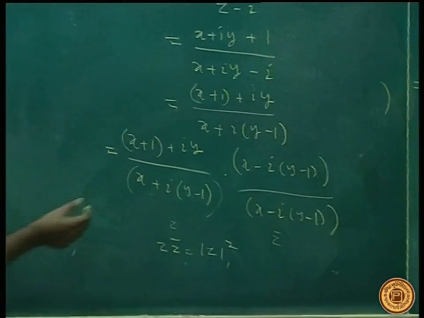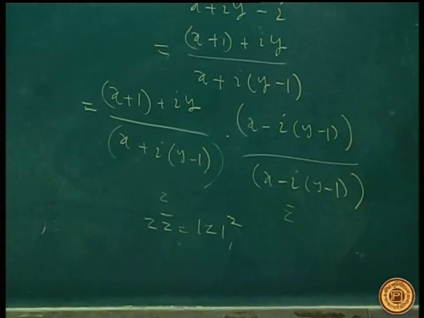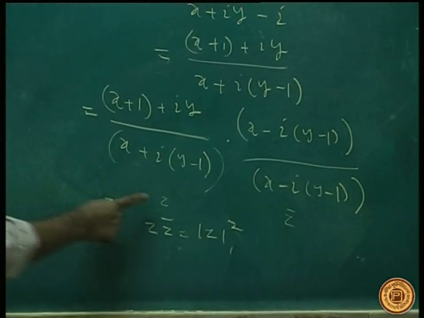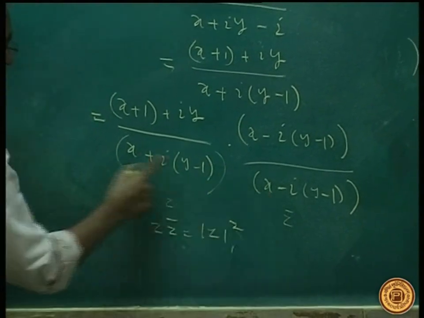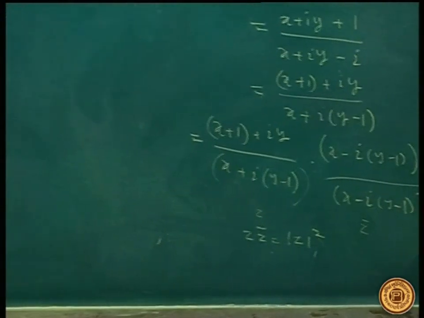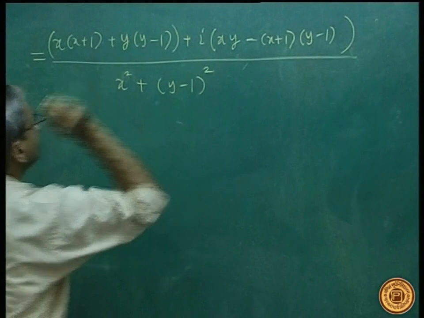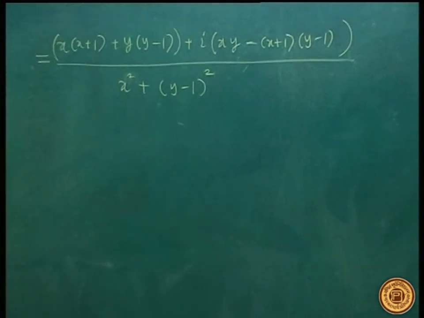So this is mod z square, so it is x square plus (y minus 1) whole square. So that is how we have written f(z).